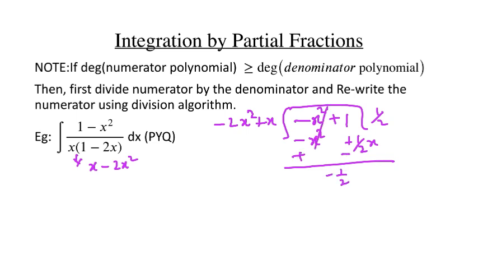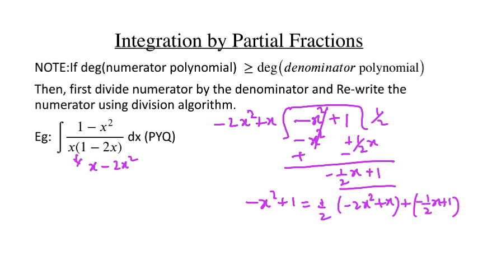Taking it down, you have minus half x plus 1, which is the remainder. That means that the dividend, which is 1 minus x square, can be written as 1 by 2 into the divisor plus the remainder.